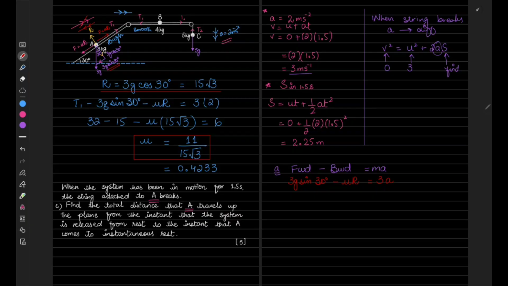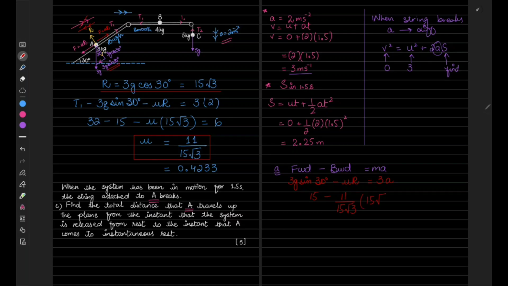So let's substitute the values. 3g is 3 times 10 is 30, and 30 multiplied by sine 30, which is 1 over 2, gives you 15. So I'm directly solving it and writing 15 minus mu. Mu is 11 over 15 root 3. R is 15 root 3.